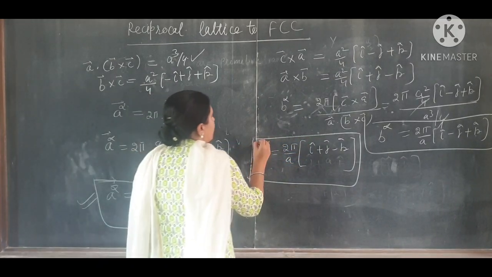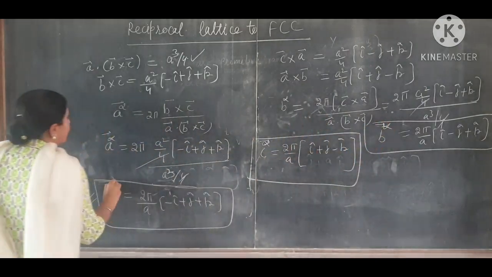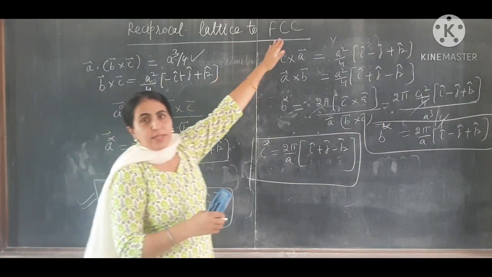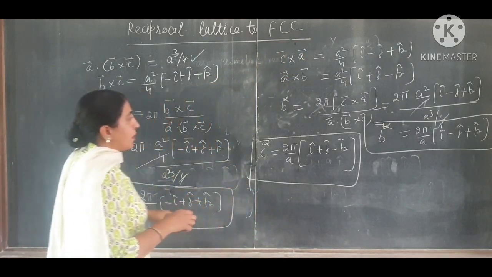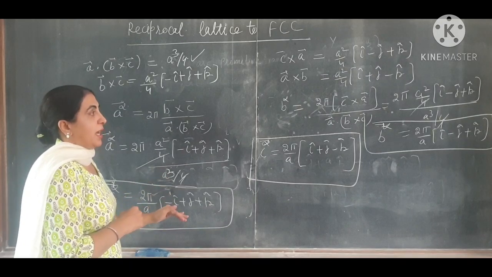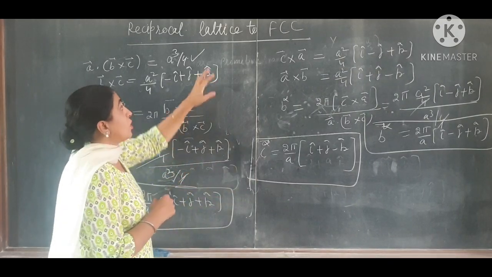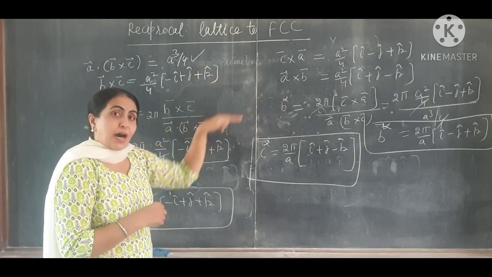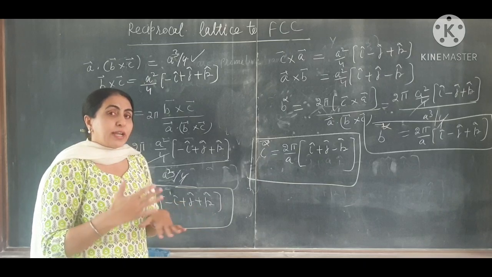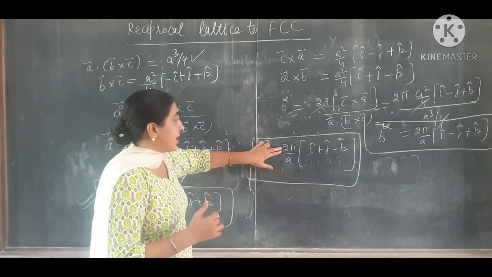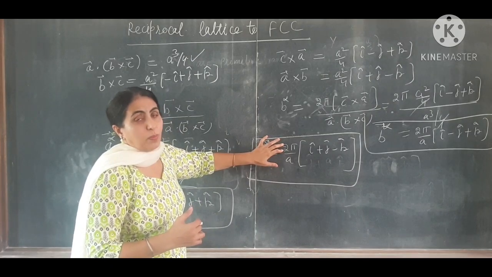These are the primitive translational vectors of the reciprocal lattice to FCC that we had to find out. From this we can conclude that they have the same form as the primitive translational vectors of the direct lattice. The only difference is the 2 pi here.